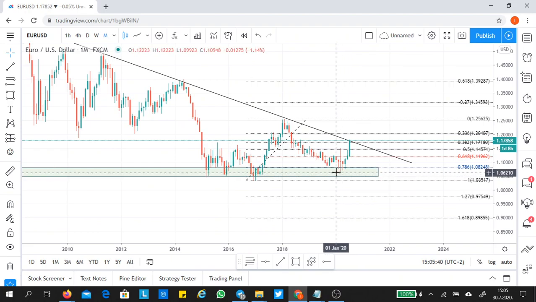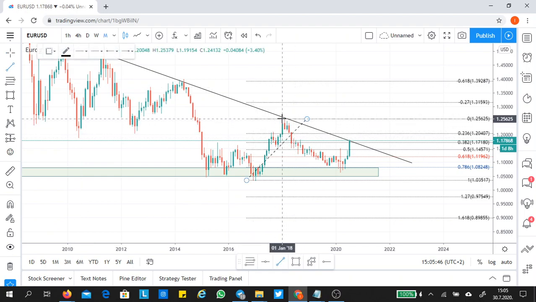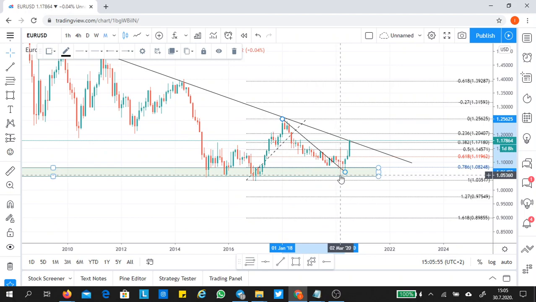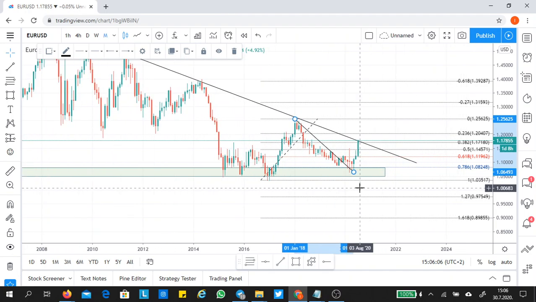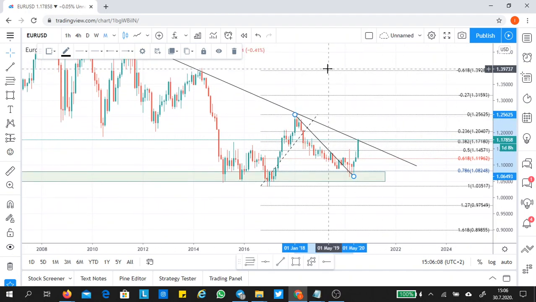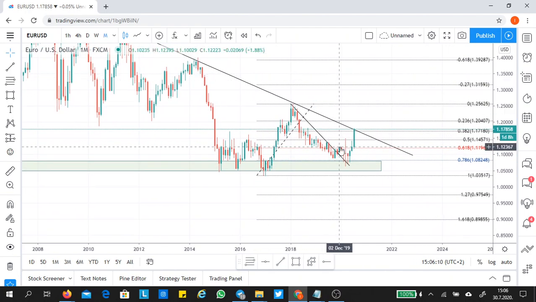Here now we have an indication that, also looking at this trend line, this downtrend line was broken, retested 78.60 and the support zone from, I don't know, 1997, that this was a good opportunity for a long trade.